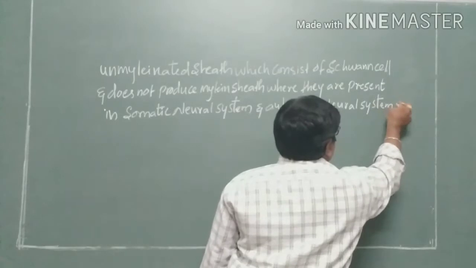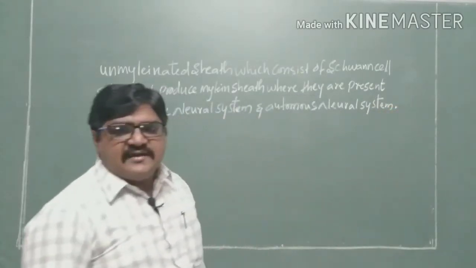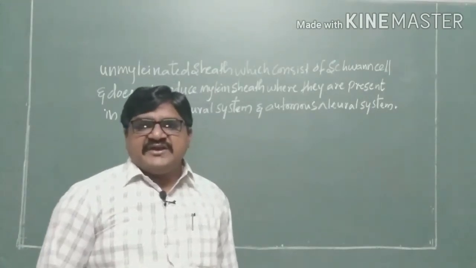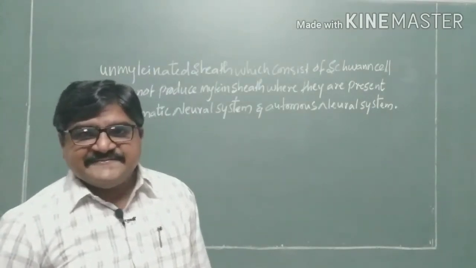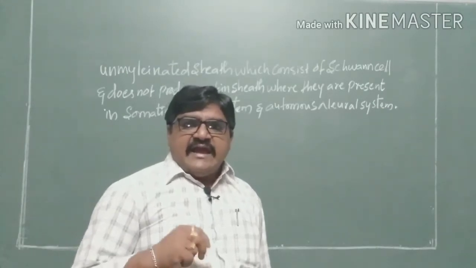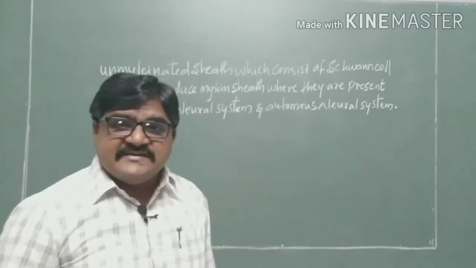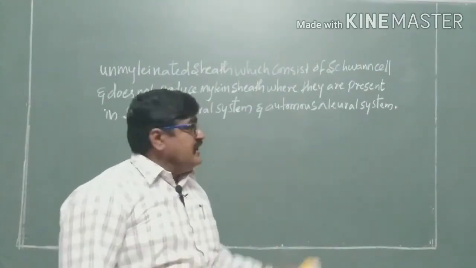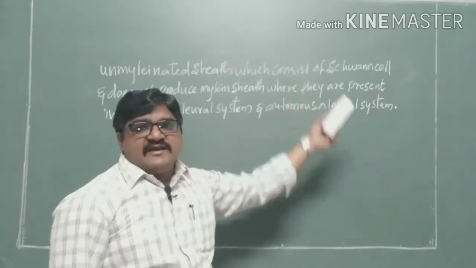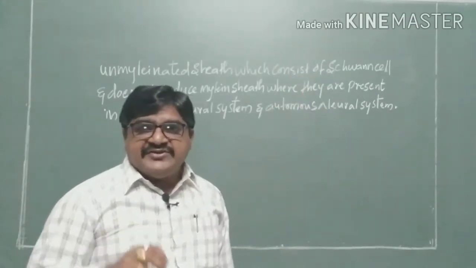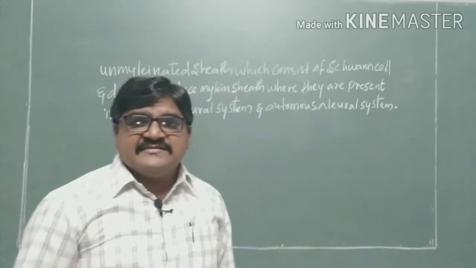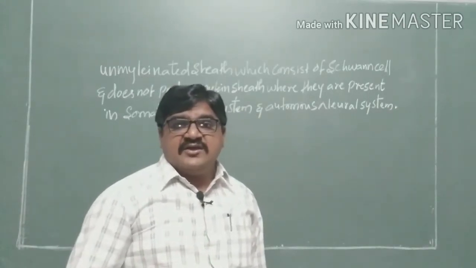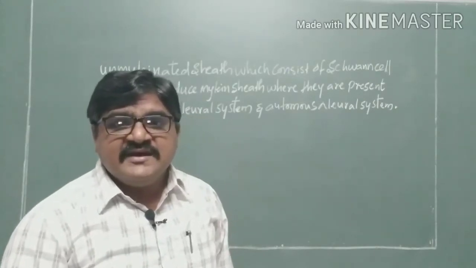So, the myelinated sheaths are present in the cranial as well as the spinal nerves. The unmyelinated sheaths also consist of the Schwann cell. This Schwann cell is not able to produce the myelin sheath, and these are present in the somatic as well as the autonomous nervous system.